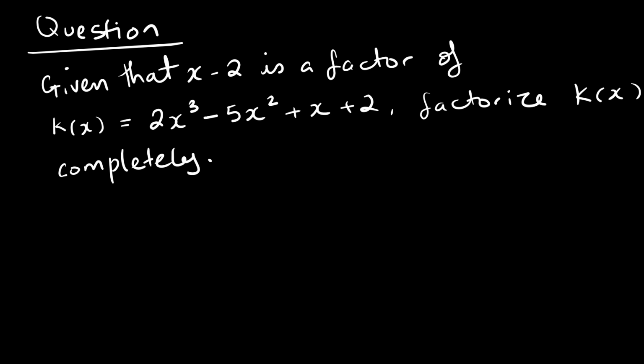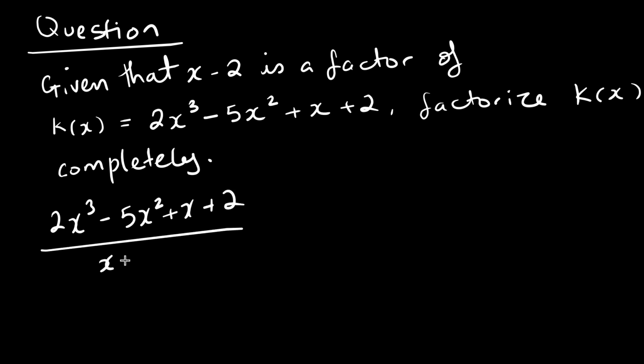All right, so we'll have 2x cubed minus 5x squared plus x plus 2, and that's being divided here by this divisor, and we're being told that it's a factor of the dividend. What does that mean? Well, that means that we're going to get an answer, whatever that answer is, and our remainder, because this is a factor, is 0.